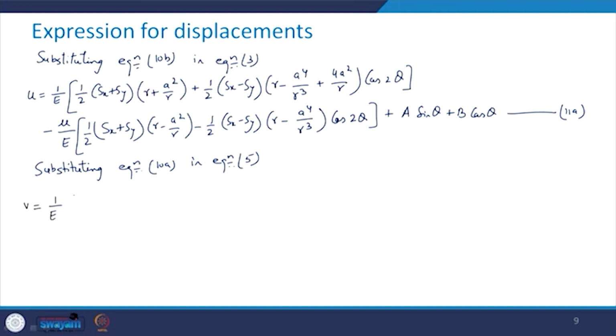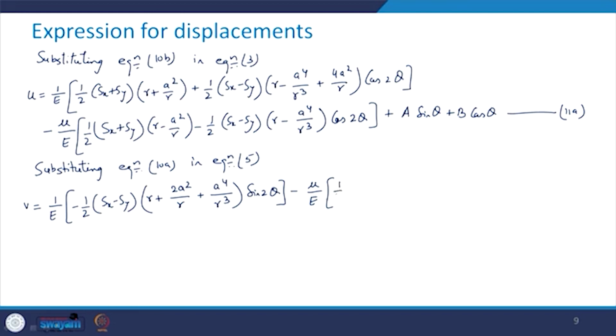So we will get 1 upon E, minus half (Sx minus Sy) (r plus 2a square upon r plus a to the power 4 upon r cube) into sine of 2 theta, minus mu upon E, half (Sx minus Sy) (r minus 2a square upon r plus a to the power 4 upon r cube) into sine of 2 theta, and plus a cos of theta minus b sine of theta plus c into r.